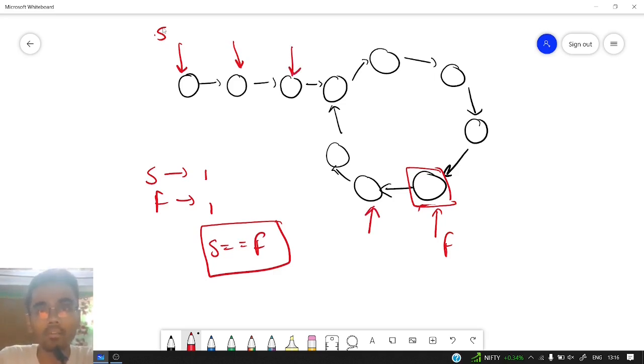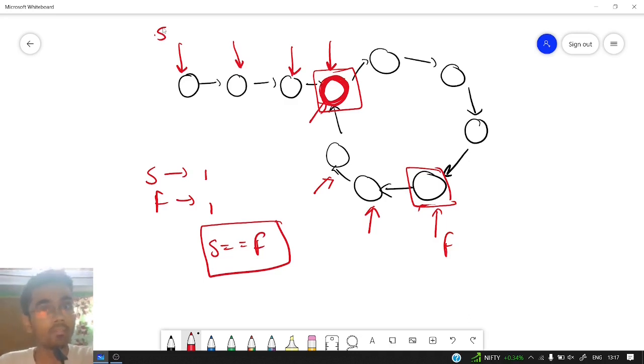Again slow pointer will move one step and fast pointer will move one step. Again they each move one step, and they meet at this particular node, which is the beginning node of this cycle. And as you can see, this is indeed the beginning node of the cycle in this linked list.